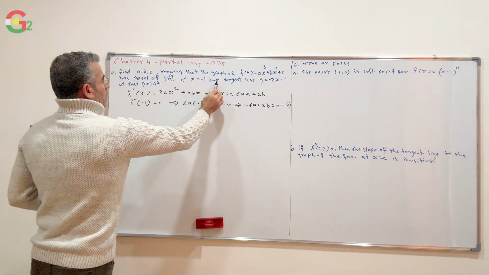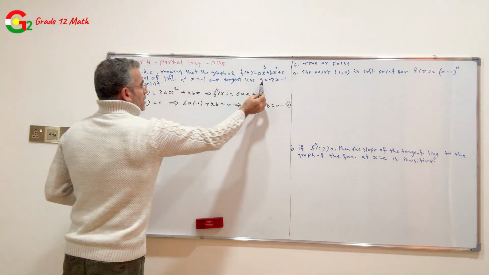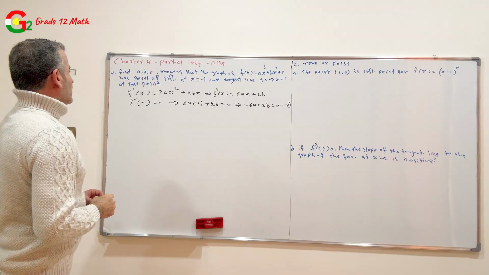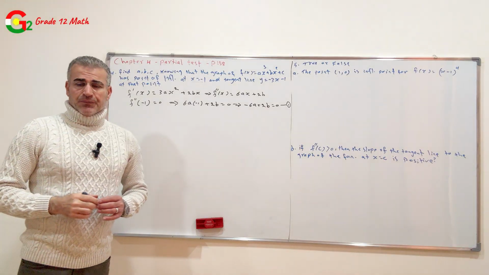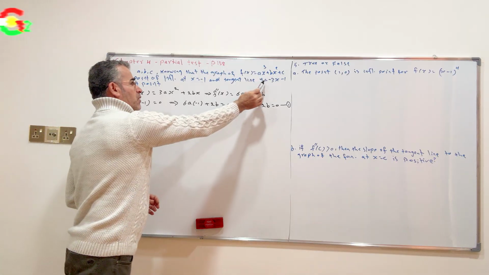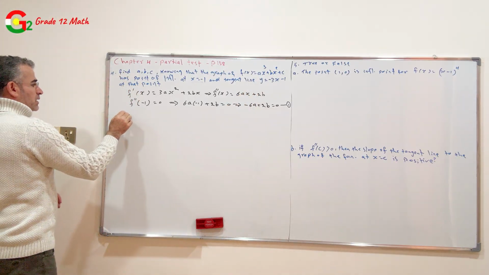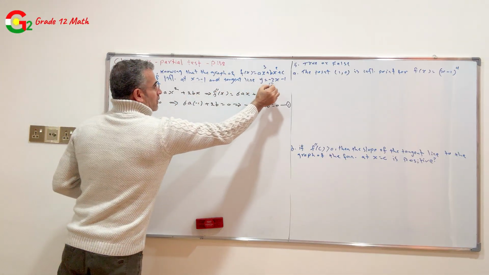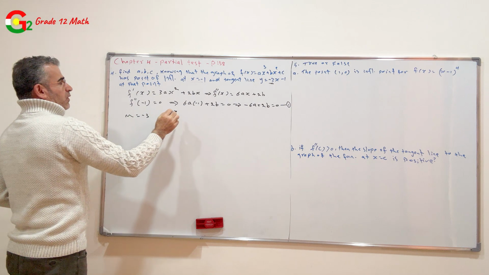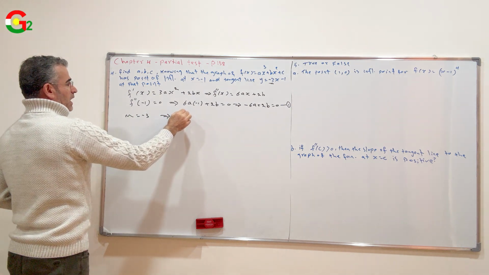Also, the function has a tangent line with the equation y equals -3x minus 1 at that point. That means the derivative of the function at this point equals the slope of the tangent line. The slope of the tangent line is -3, and the slope of the function at this point equals the first derivative at this point.